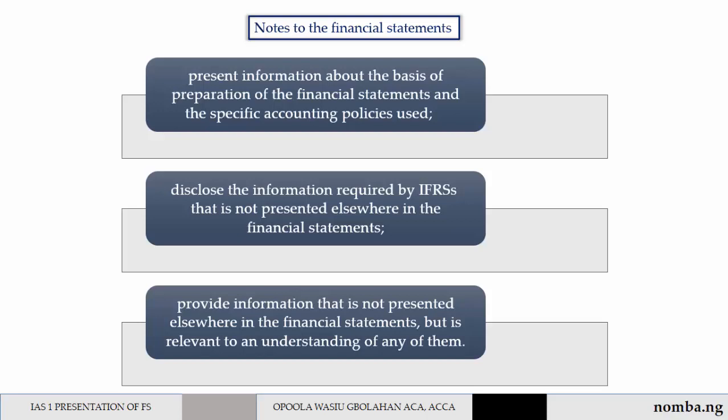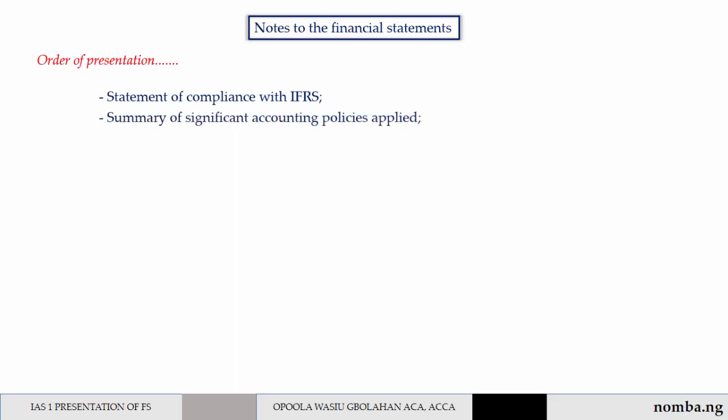The standard now says that an entity normally presents notes in the following order to assist users to understand the financial statements and to compare them with financial statements of other entities. A. We'll have statement of compliance with IFRS. B. A summary of significant accounting policies applied.